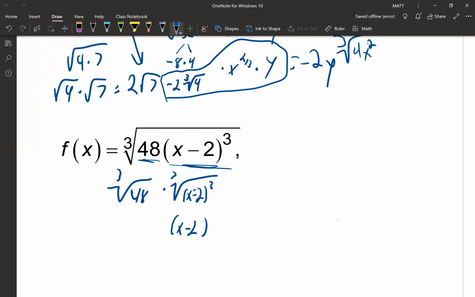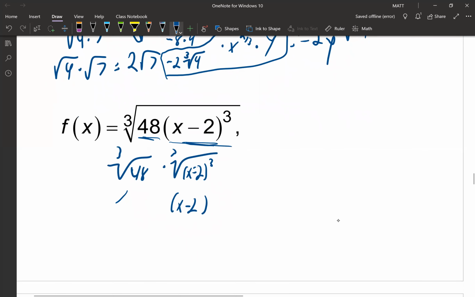And then the question is, do we have any perfect cubes in 48? The only thing that might be possible is something like 2 or 3 coming out of it. I know that the third root of 8 is 2. So is there anything multiplied by 8 that goes into 48?